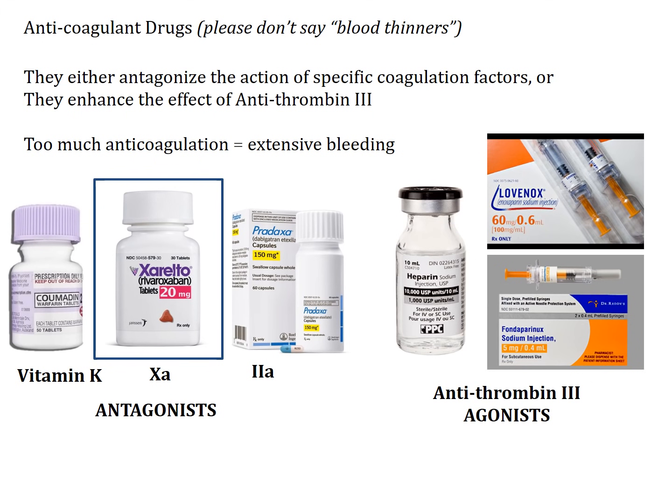So 2 of the most commonly used drugs, Coumadin, antagonizing vitamin K, therefore you do not get activation of factors 2, 7, 9, and 10. Heparin, increasing the action of antithrombin 3, so you get more brake by antithrombin 3.